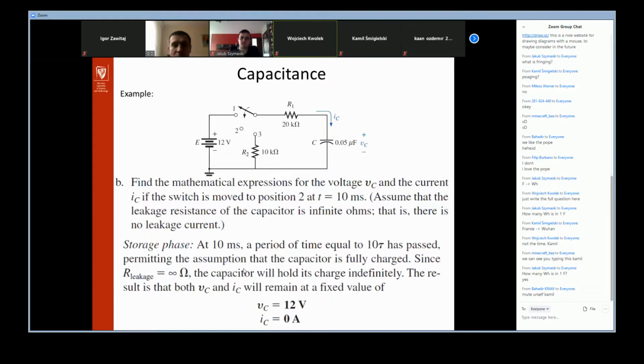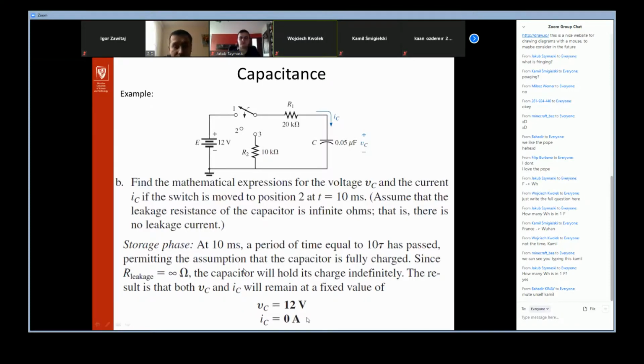Because we are considering the capacitor as an ideal component, the leakage resistance inside the capacitor is equal to infinity. So there is no leakage current here. So when the switch is turned to the second position, the voltage drop on the capacitor stays the same. What about the current? There's no current flow here because we've got an open circuit. So that's why the VC is still 12 volts and the current is equal to 0 amps.